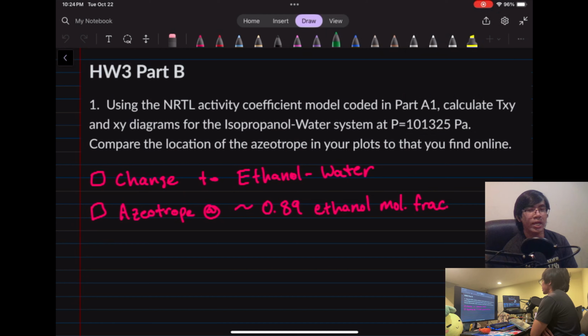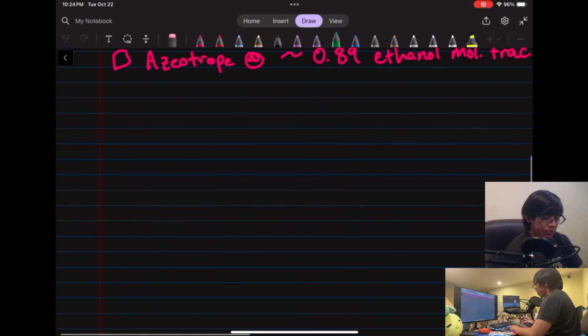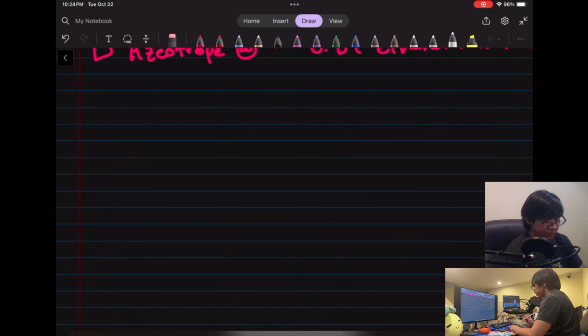So we include the gamma function. In a previous video, we did bubble temperature, but we used an ideal case with Raoult's law. But in this case, we have, I wouldn't say corrected, but Raoult's law for non-ideal mixtures, including that gamma activity coefficient.